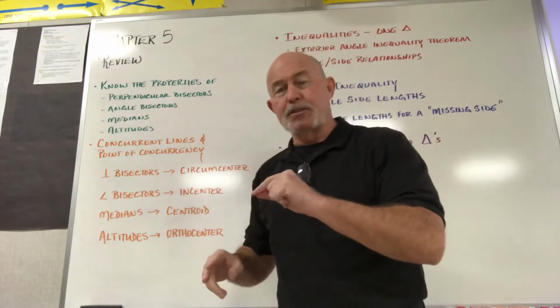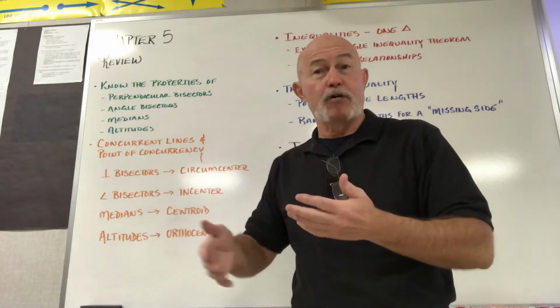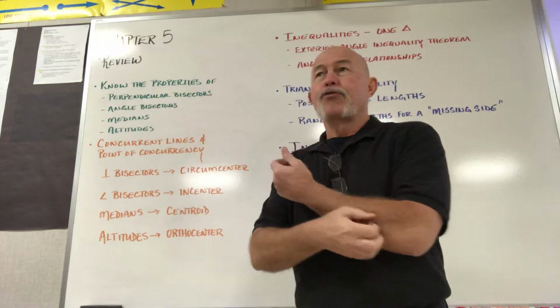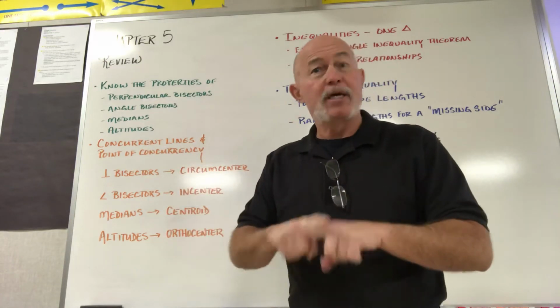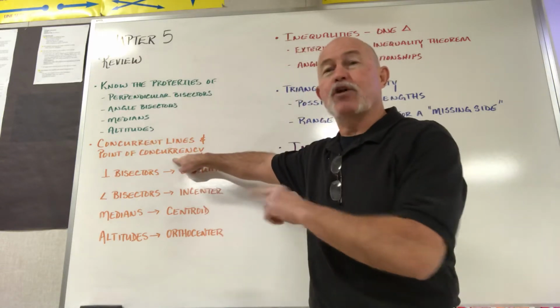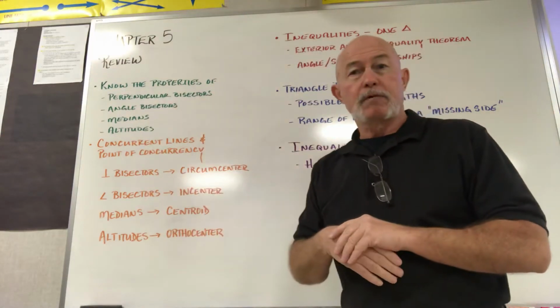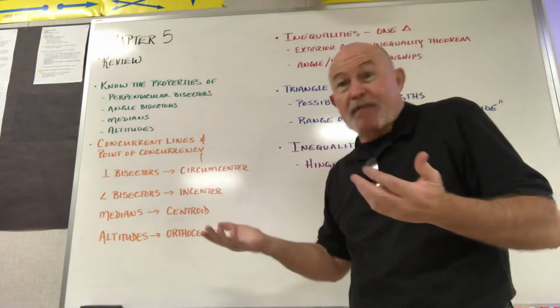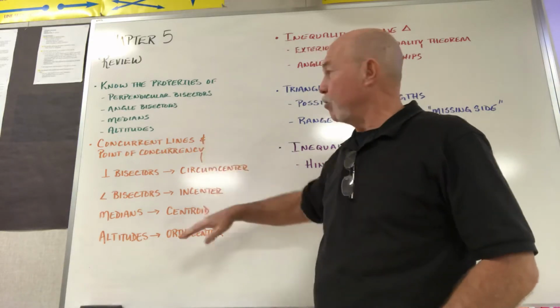Concurrent lines, you've seen it in the text, you've seen it in your notes, are 3 or more lines that have the same intersection point. That's called the point of concurrency. Each of our 4 concepts here have a specific point of concurrency.